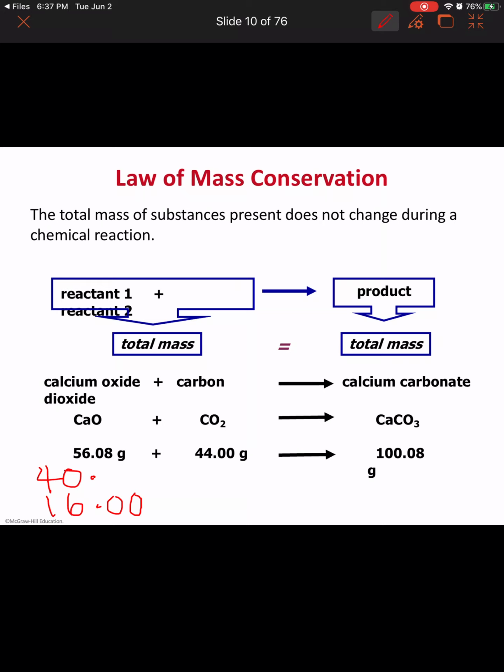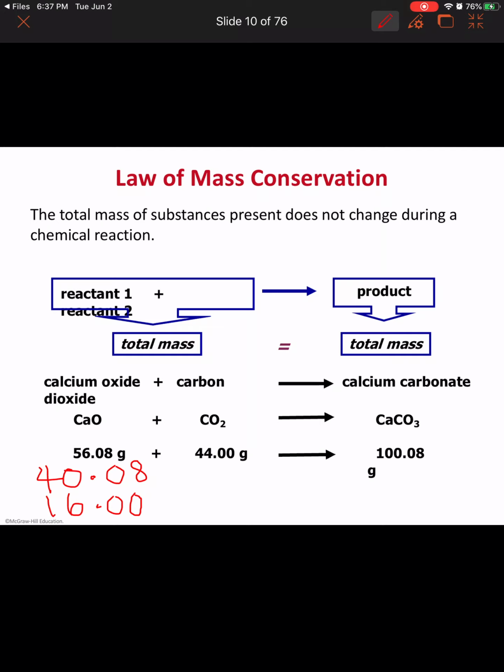Okay, wait a minute. .08. So calcium is 40.08. And you get these numbers from your periodic table. 40.08, oxygen 15.99, or you can say 16.00. So together calcium oxide is 56.08.